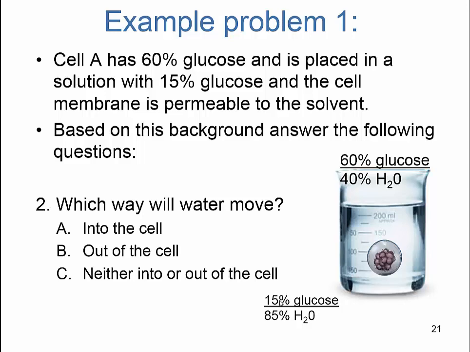So take a moment and figure out where the highest quantity of water is located. You can see that the 15% glucose is located in the solution outside of the cell. So the 15% glucose means that there's more water on the outside of the cell than there is in. So which way will water move if you're doing passive transport, which is osmosis? Into the cell.